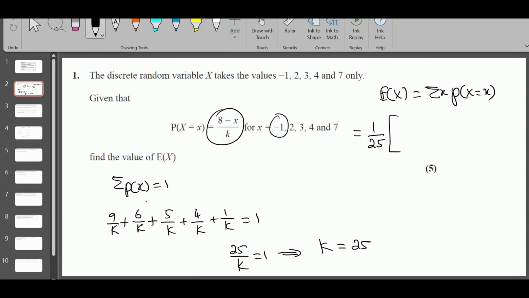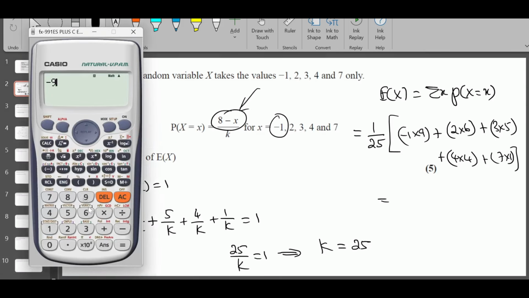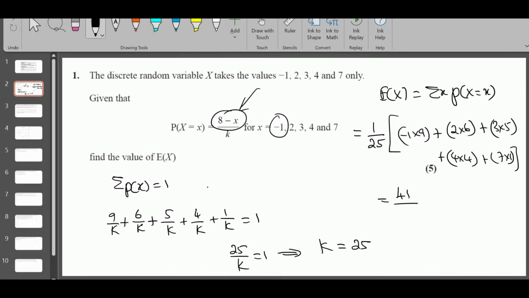Now x times this: minus 1 times 9 plus 2 times 6 plus 3 times 5 plus 4 times 4 plus 7 times 1. So minus 9 plus 12 plus 15 plus 16 plus 7. So 41 over 25 is the final answer, E of x.